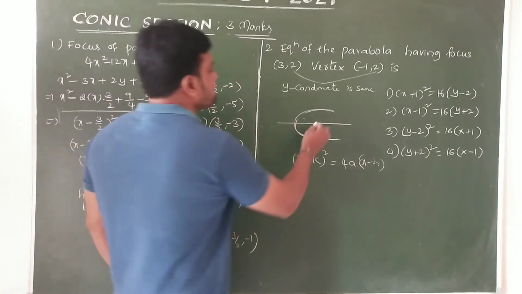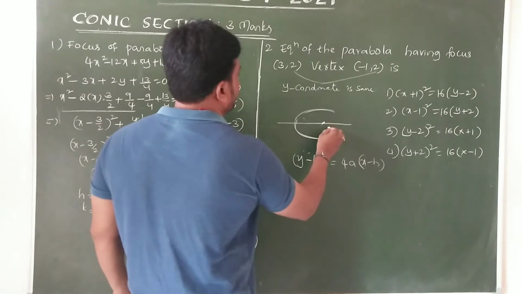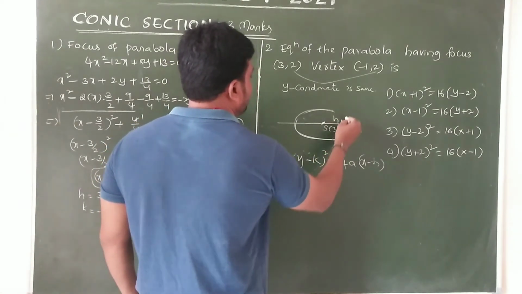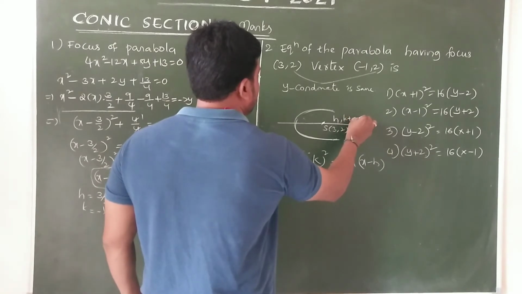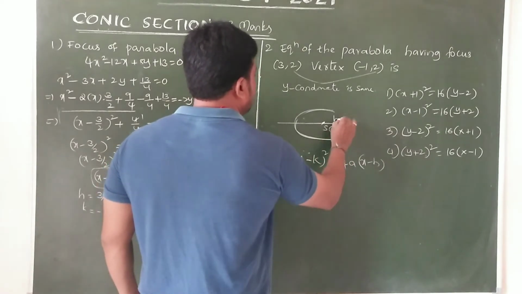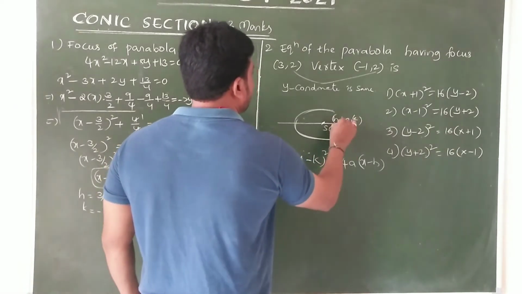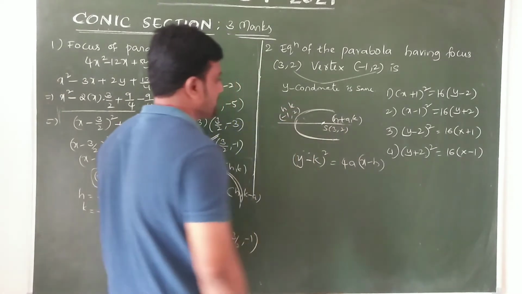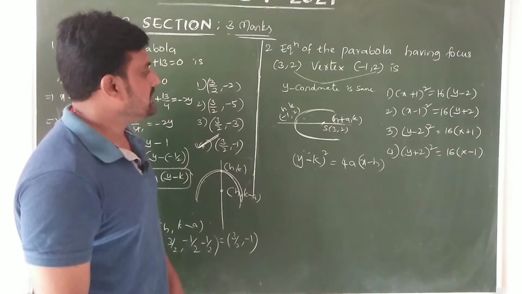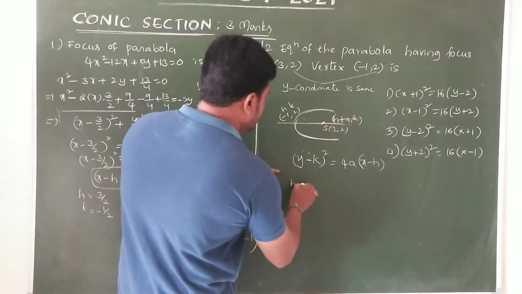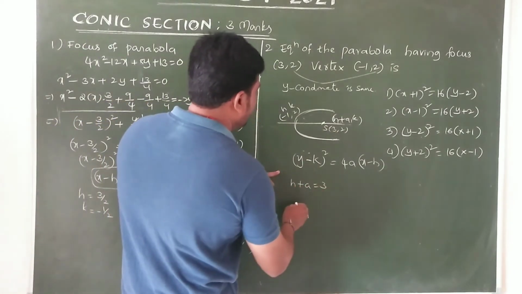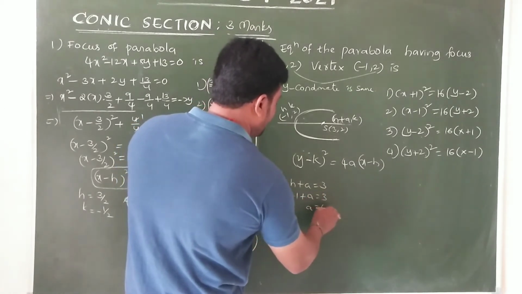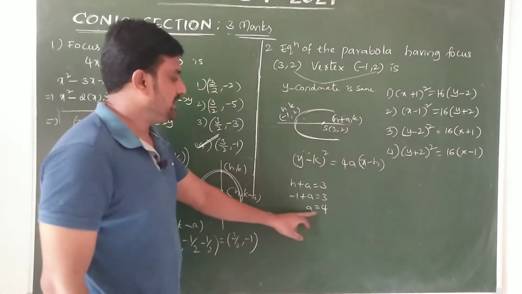Then focus 3 comma 2 is h plus a comma k. Vertex is minus 1 comma 2, h comma k. Then we need h plus a equals 3, h is minus 1, plus a equals 3, a equals 4, okay.